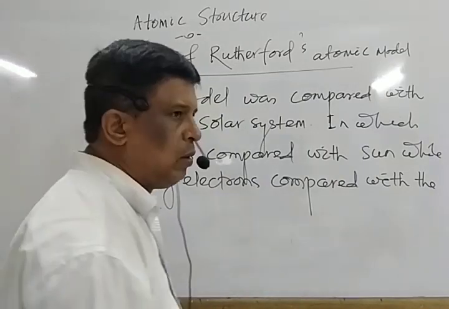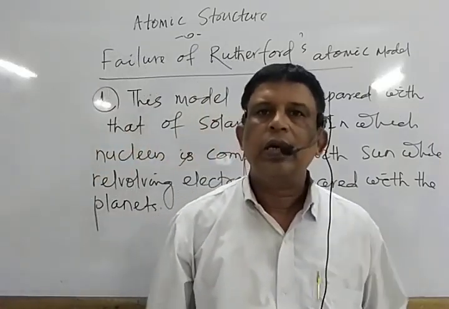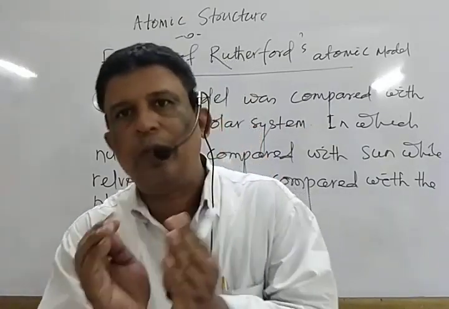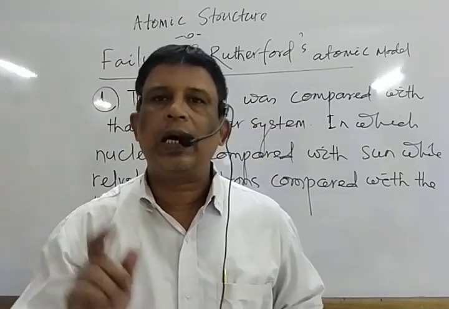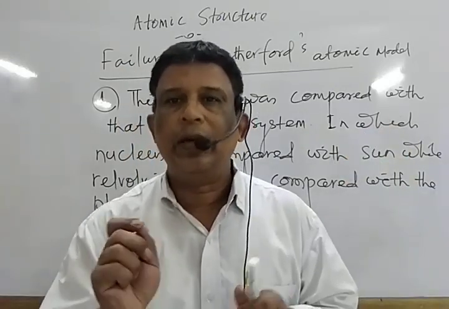But there is a great difference between this comparison, because electron is very small. Electron has very small masses and with negative charge, while planets are having massive one and neutral one.